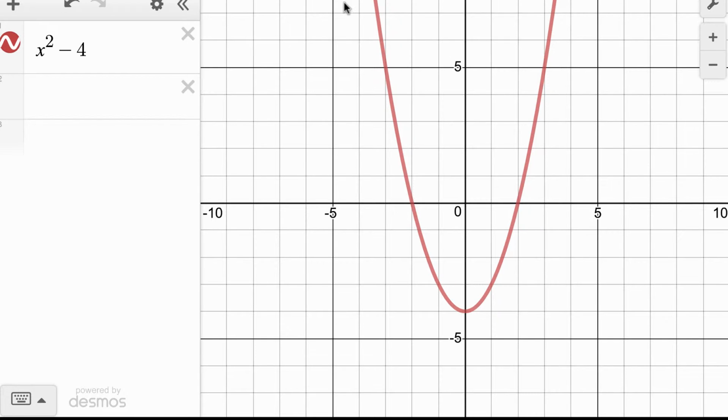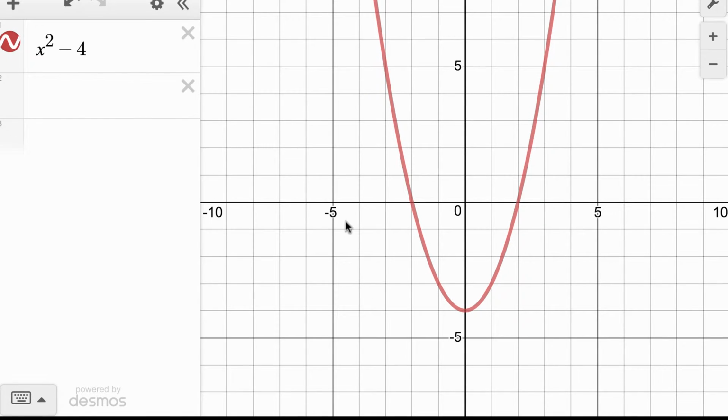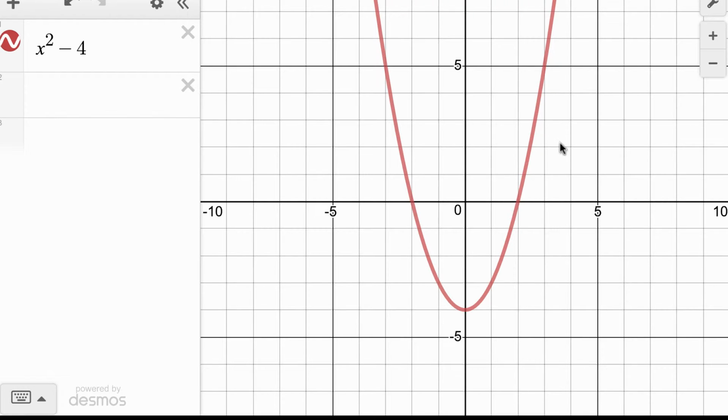Okay, so looking at my function here, we see that we are decreasing from -infinity. Think about that x-axis as a large number line. From -infinity, and then we stop decreasing at x equals 0, where we now change direction. So that's an extreme point. And now we are increasing from 0 all the way to infinity.